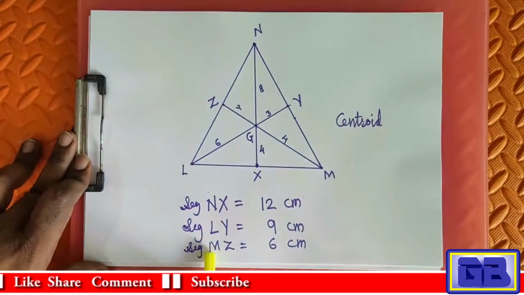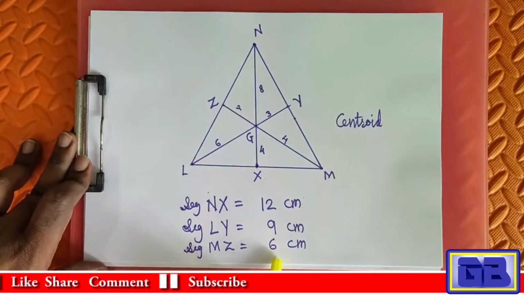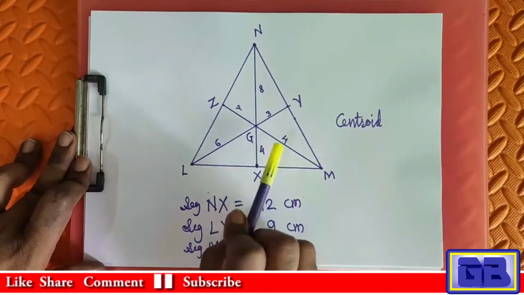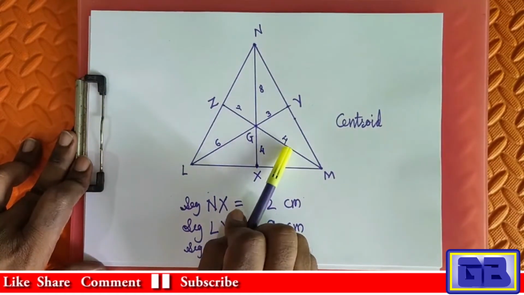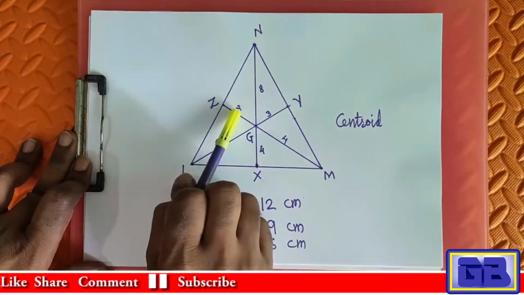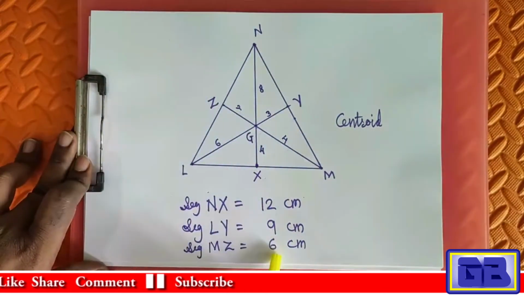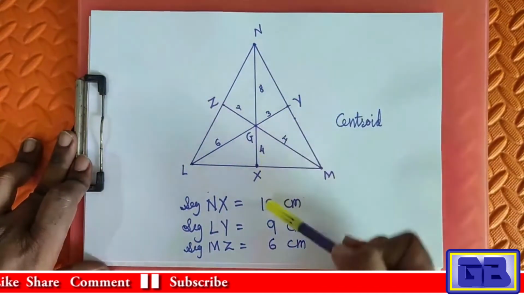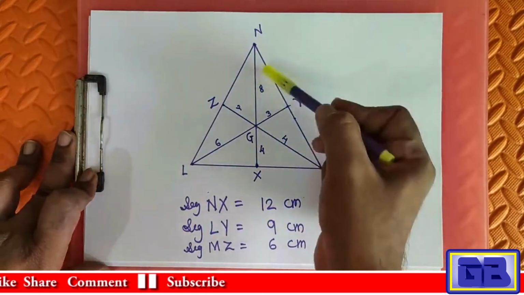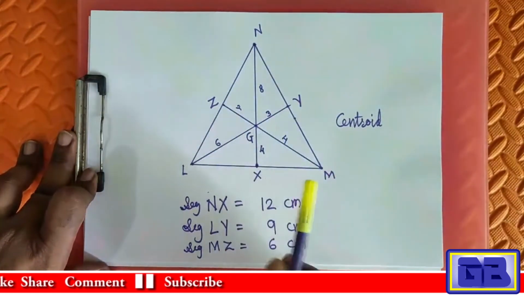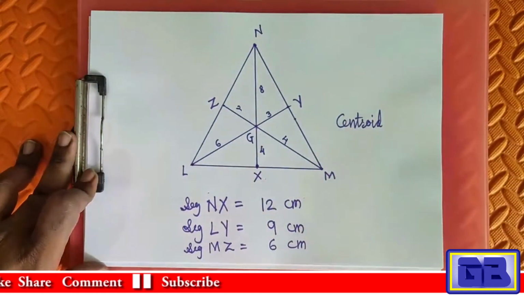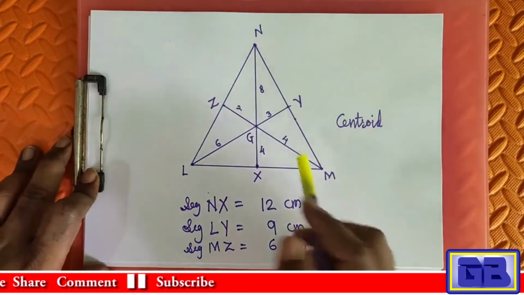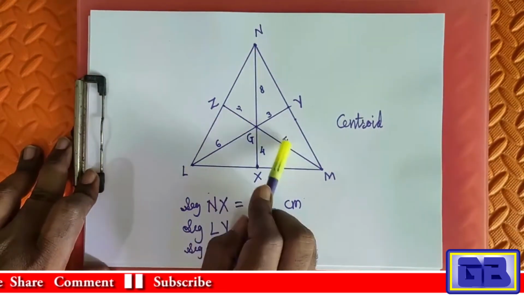And lastly MZ, total is 6 centimeter, then GM must be 4 centimeter and GZ will be 2 centimeter. 4 plus 2 is 6, 6 plus 3 is 9, 8 plus 4 is 12. There is proper distribution of these segments in its parts. Now, do you see any relation between these numbers?